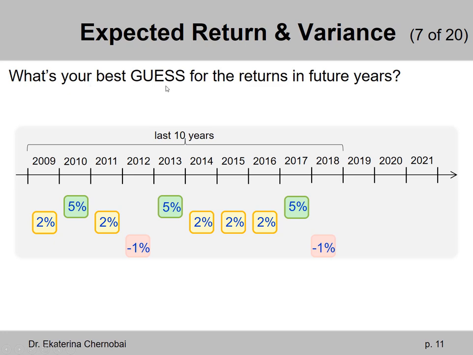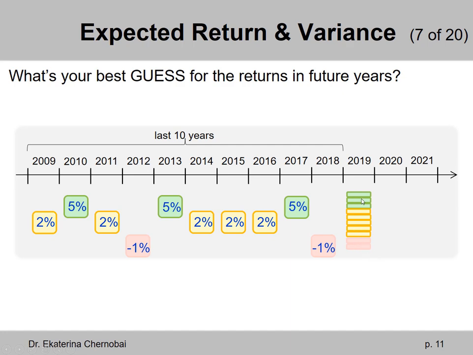Next question. What is your best guess for the returns in future years? It probably makes sense to say that whatever return we expect to get in the year 2019 will reflect what occurred in the last 10 years. So 3 out of 10 portions of the return will reflect the 30% chance of getting a 5% return. 5 out of 10 portions reflect a 50% chance of getting a 2% return.